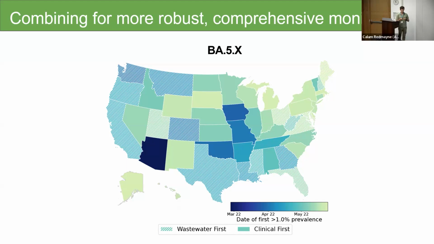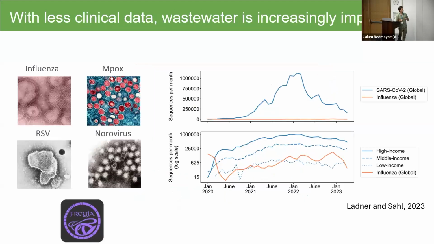And when we deal with other pathogens, or later periods of this ongoing pandemic where we have much less sequencing data available, things tend to shift to larger gaps between earlier wastewater detections and clinical. And this is a huge point. On the right-hand side, we see sequencing of SARS-CoV-2.